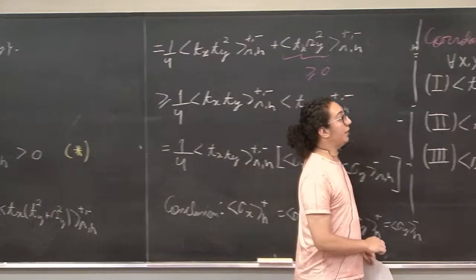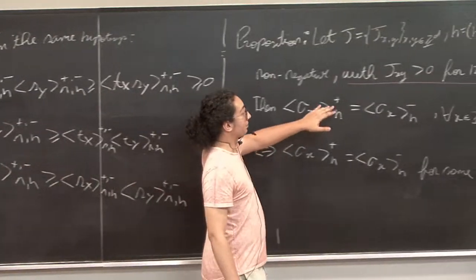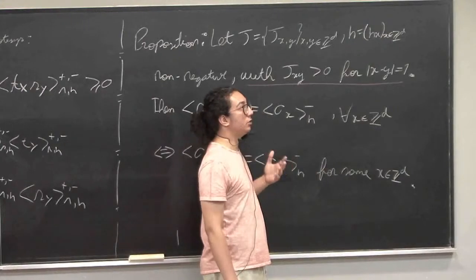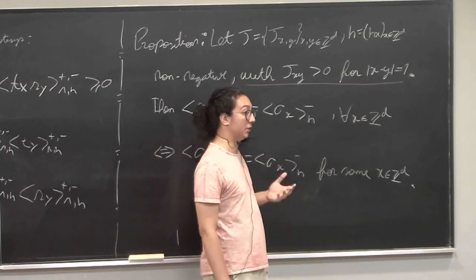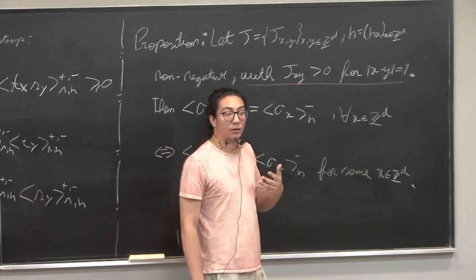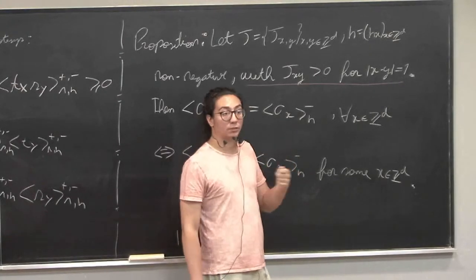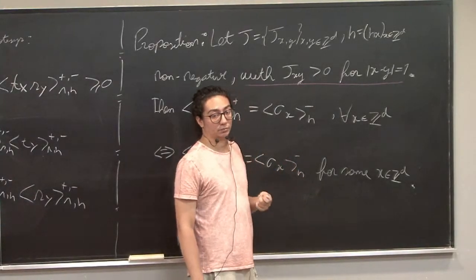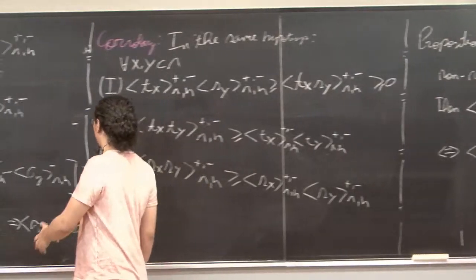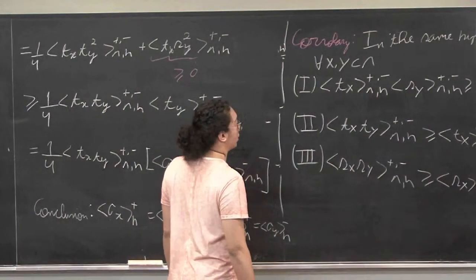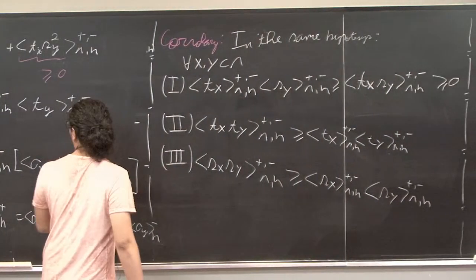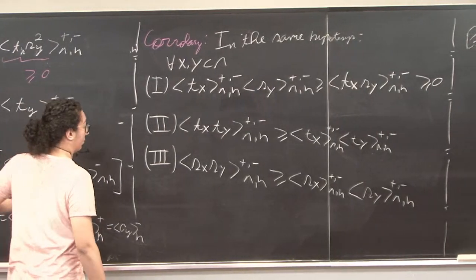So you could replace this with anything that basically has the following property: given two sites in the lattice, they are connected by edges or by vertices with positive interaction. This would also prove what we want. Since I'm going to use this inequality, I'm going to leave it here. And we want to prove star now.